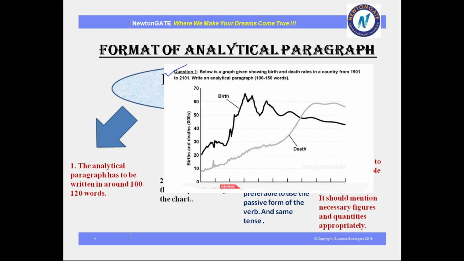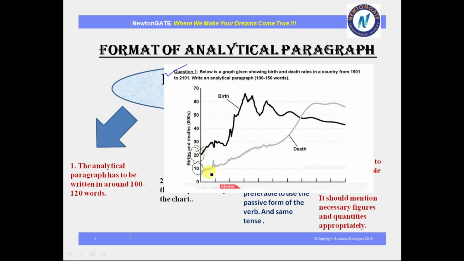So, what can we do? We can make an assumption from here, right? If I see this figure, you will see that it is 10,000, then it is 20,000, then it is increasing. You can see the black line representing the birth rate meeting at this 20 point.